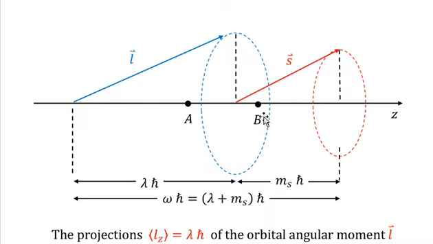And I have deliberately drawn these two angular momenta separately, so that they can be added by the head to tail rule and their projections can simply be added.